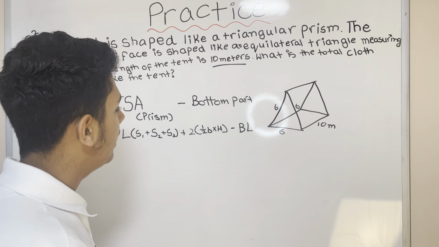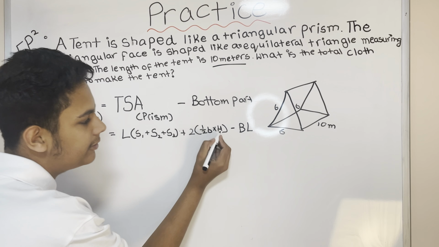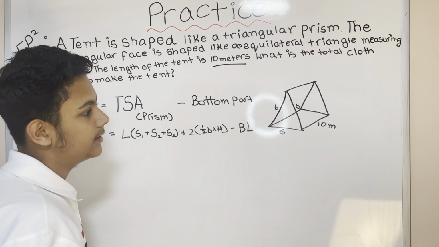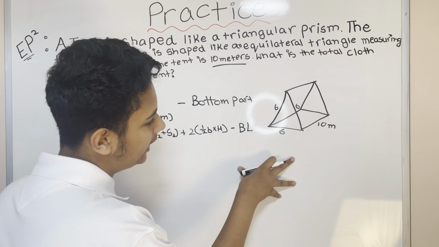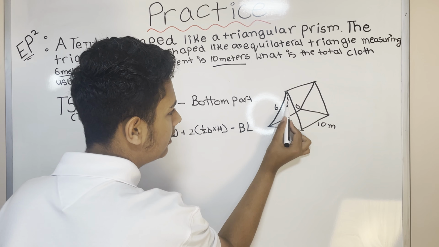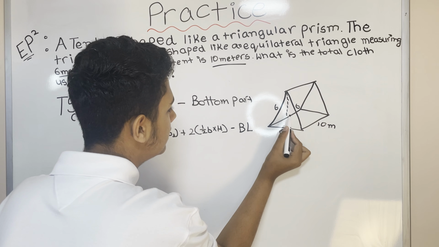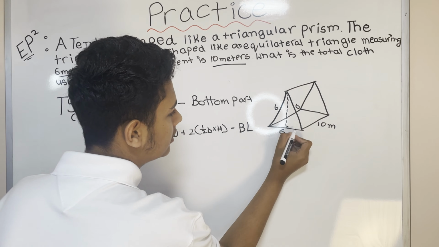So now, before putting in all the numbers, we know that we don't have the height. A lot of people get confused about what the height is. In a triangle, height is the line that bisects the triangle at 90 degrees, splitting the base in half.